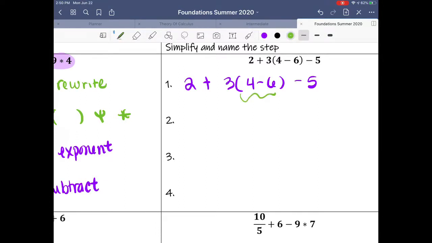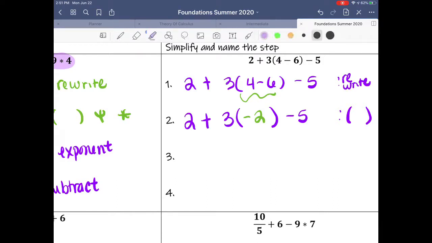I am going to do the 4 minus 6 first. 2 plus 3. 4 minus 6 is negative 2. So I did parentheses first. This was a rewrite.